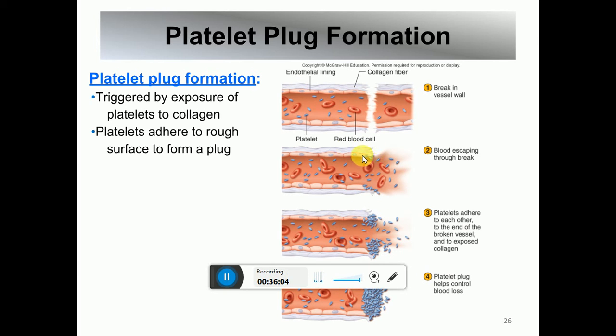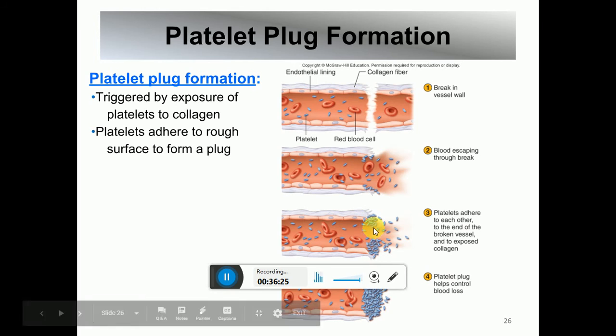As long as the blood vessel wall is continuous, platelets are not going to attach, and you can see them just flowing within the bloodstream. But as soon as the platelets are in touch with the connective tissue found in the wall of the blood vessel, they stick to that connective tissue, and they start sticking together, and you can see here that it's made a platelet plug.